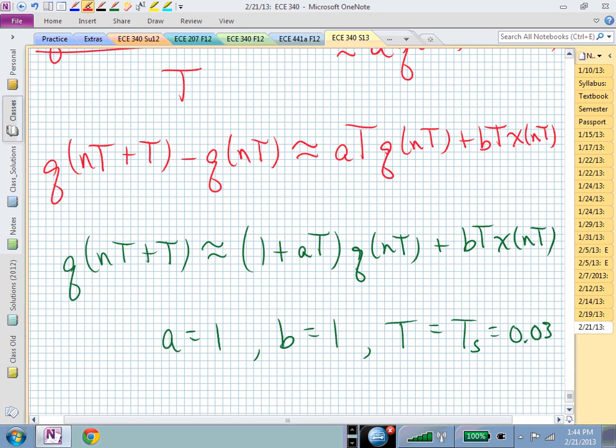But maybe you go, you know what, I don't like 0.03. If you want to clean that up, what would you replace 0.03 with? Pardon? 0.01 maybe. Maybe that's cleaner for you. You definitely want to make it smaller, don't you?